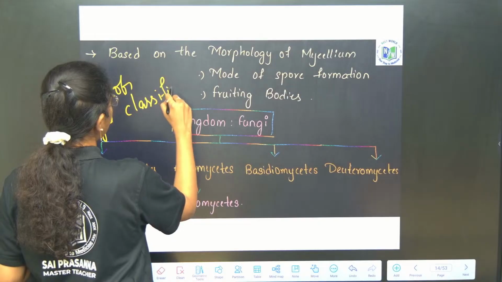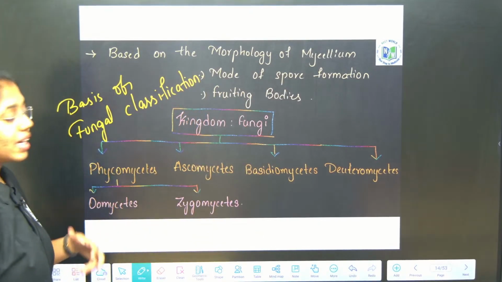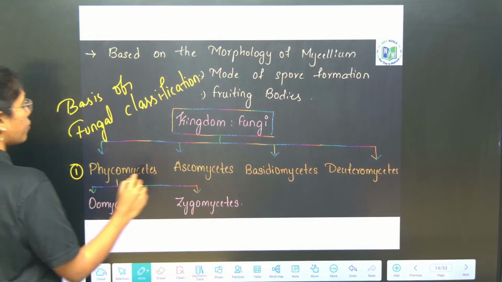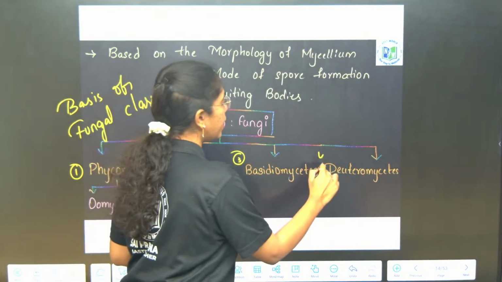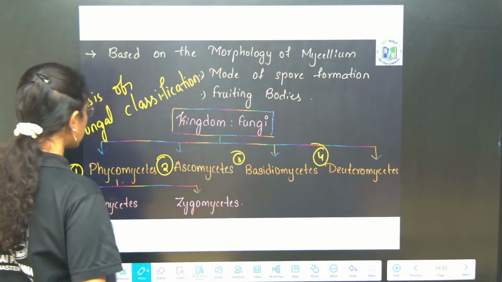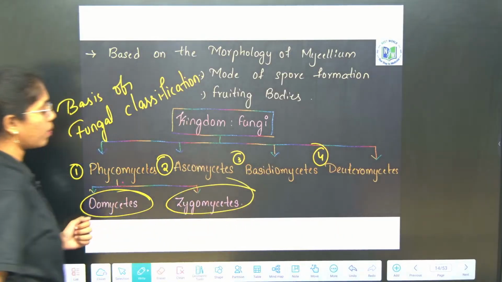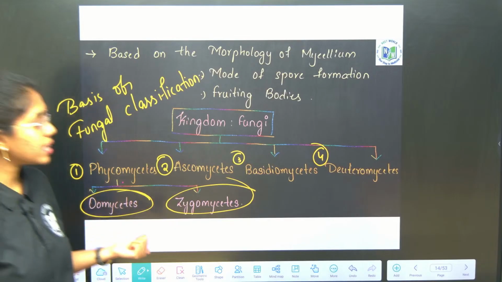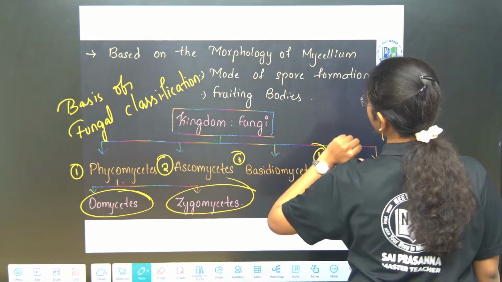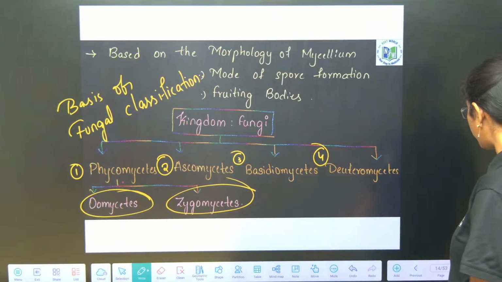Kingdom Fungi is classified into 4 classes: Phycomycetes, Ascomycetes, Basidiomycetes and Deuteromycetes. Phycomycetes has 2 subclasses, Oomycetes and Zygomycetes. The basis of classification is morphology of mycelium, mode of spore formation and fruiting bodies.